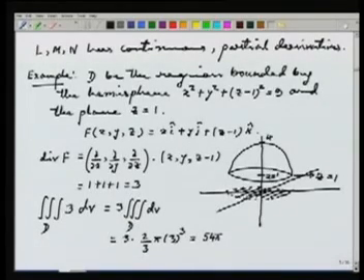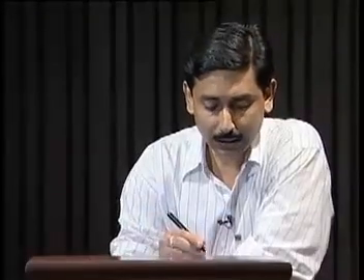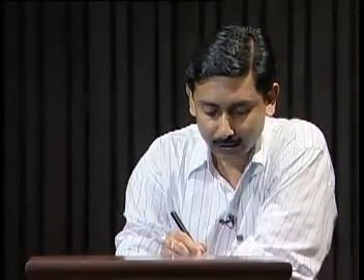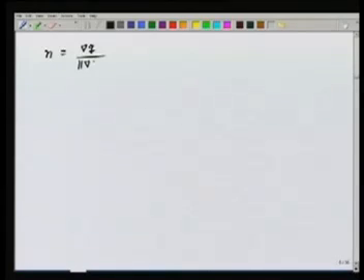I have to calculate for that first the outward unit normal vector n. Now since my surface is given as a level surface of a function, I know that n is grad g by norm grad g. What is g?